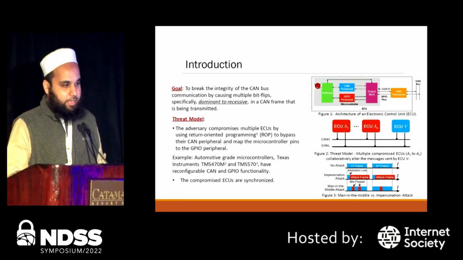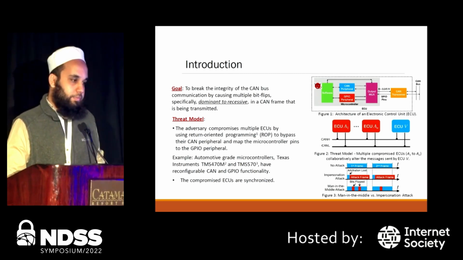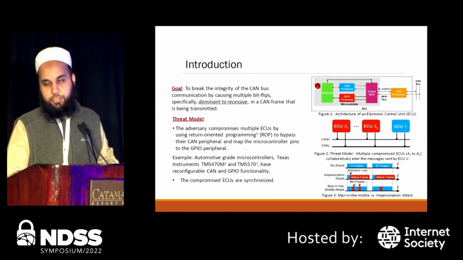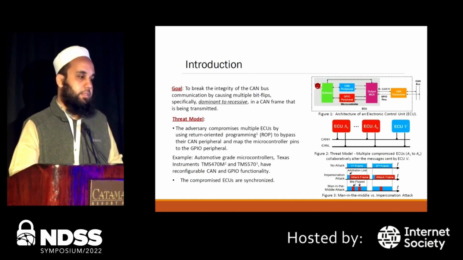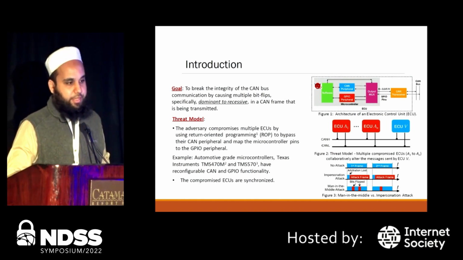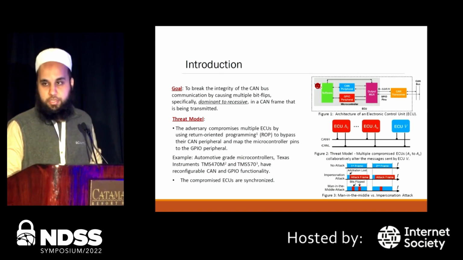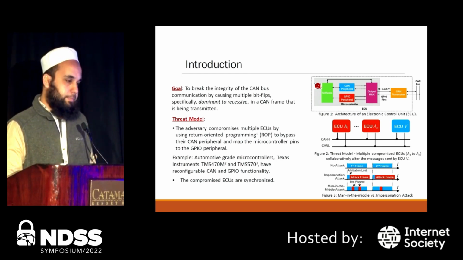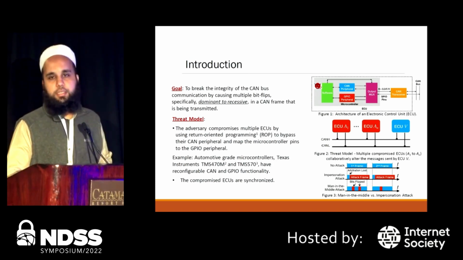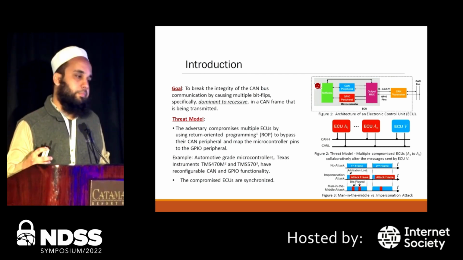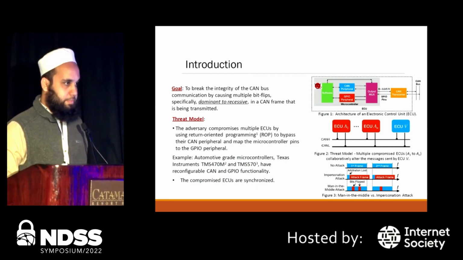So to achieve that, we begin with understanding the architecture of an ECU. It has a microcontroller interfaced with the CAN transceiver. And so what our adversary does is it compromises the software of the microcontroller.